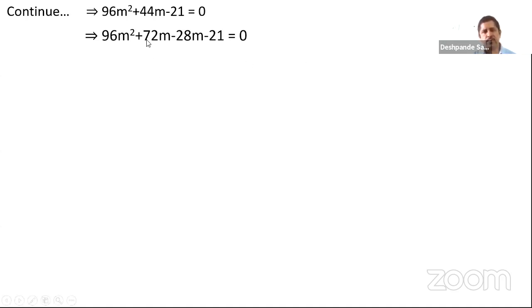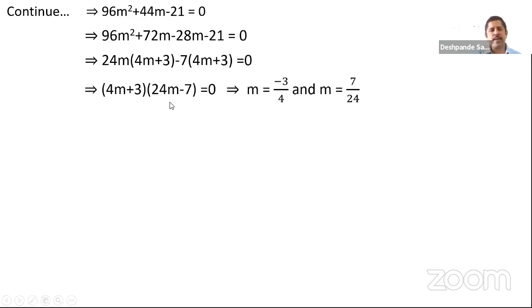From these two terms, you got 24 common and m common. From these two terms, you got minus common, 7 common. So 24m, 4m plus 3. And from these two terms, minus 7 is common, 4m plus 3. So you got 4m plus 3 common. So 4m plus 3 into 24m minus 7 is equal to 0.